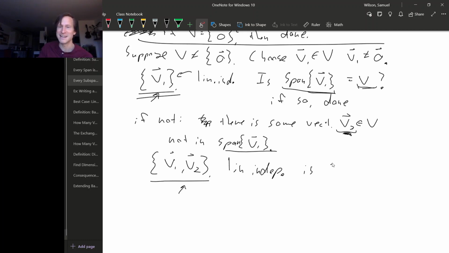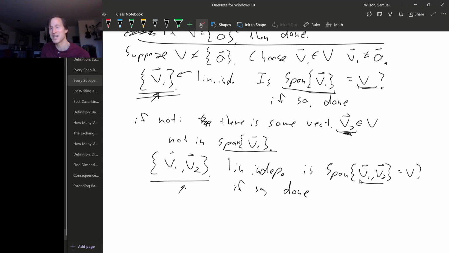So we can ask again, is the span of this collection, V1 and V2, all of V? If so, then we're done, because we have a linearly independent collection in V that spans V. If not, then we can do this whole thing again.